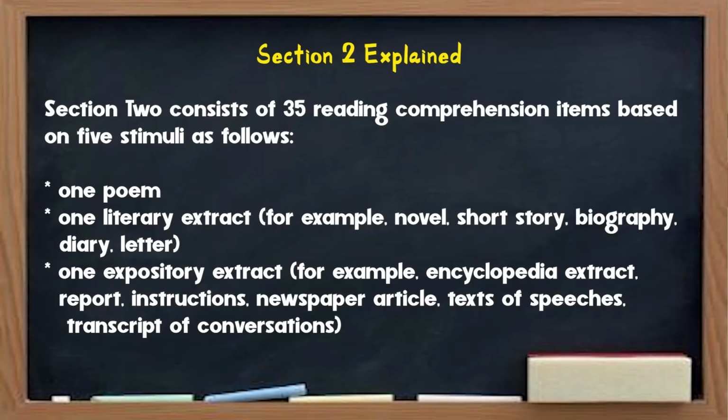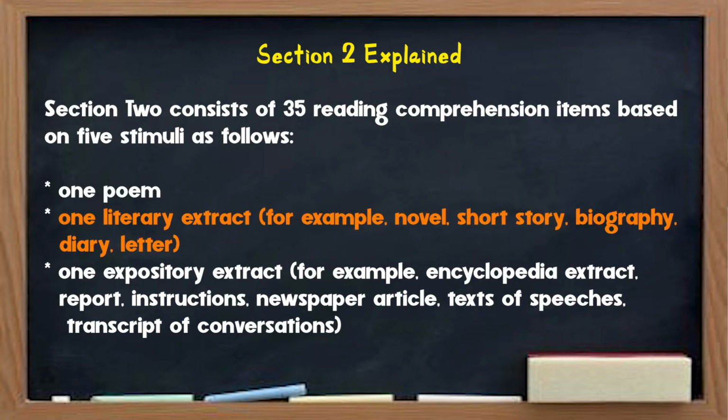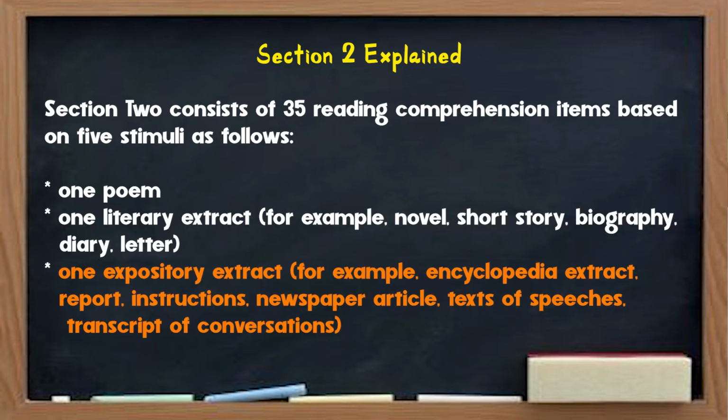Section 2 consists of reading comprehension items based on 5 stimuli as follows: 1 poem, 1 literary extract, maybe a novel, a short story, a biography, a diary, or a letter. It may also include 1 expository extract, which may be taken from an encyclopedia, a report, a newspaper article, a transcript, or piece of a conversation.